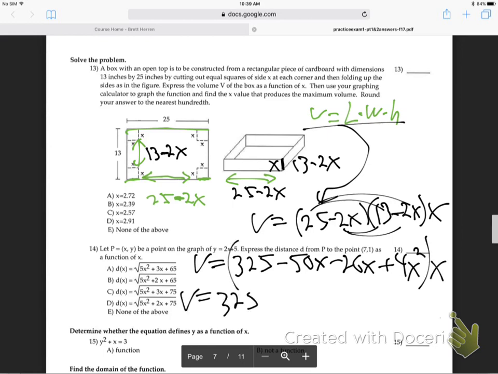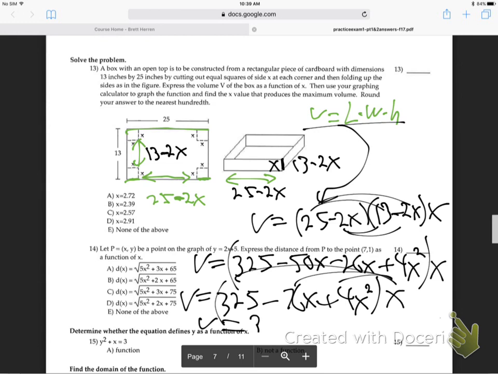And you get 325 minus, what's that, 76x plus 4x squared, all times x. And then you distribute that x through, boom, boom, boom, and you get 325x minus 76x squared plus 4x cubed.